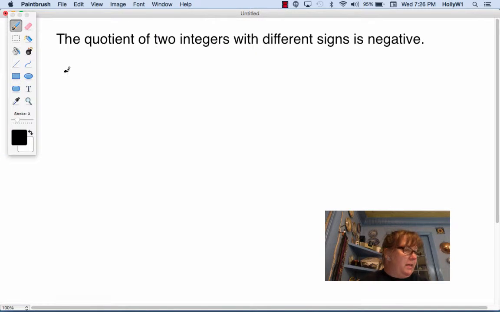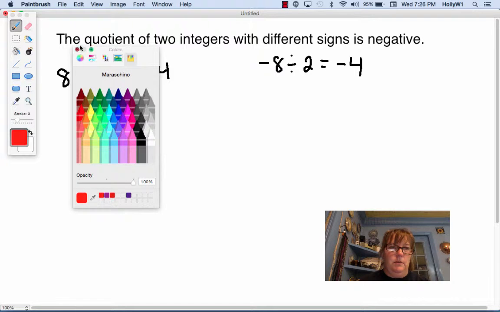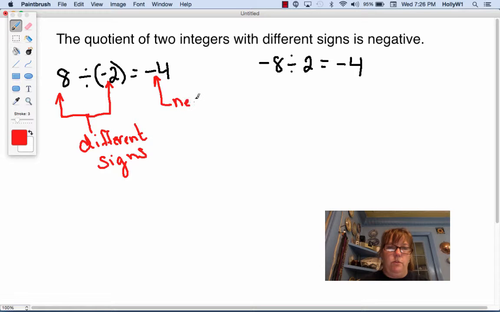So if we say 8 divided by a negative 2, that is equal to a negative 4. If we say negative 8 and we divide that by 2, our answer is negative. So just like we did with multiplication. These are different signs, and we get a negative result, a negative quotient.